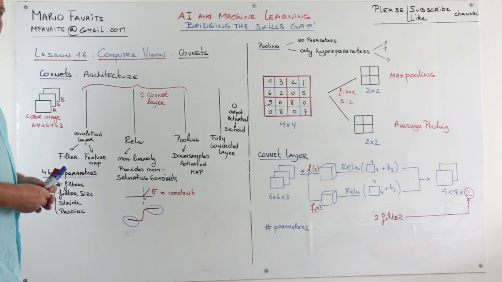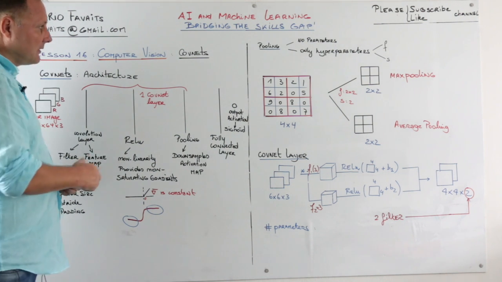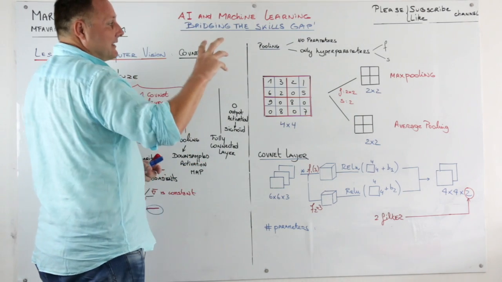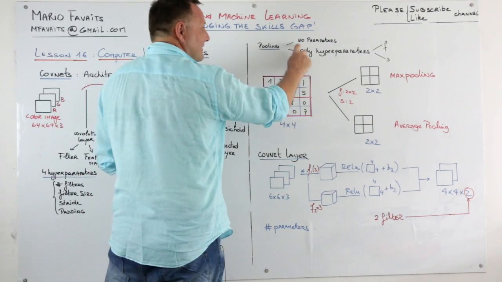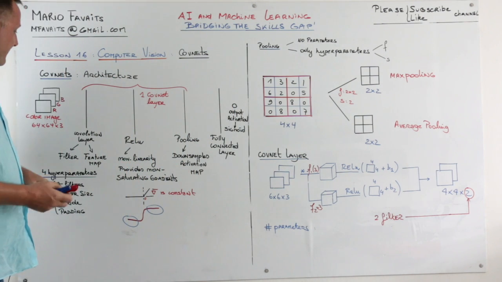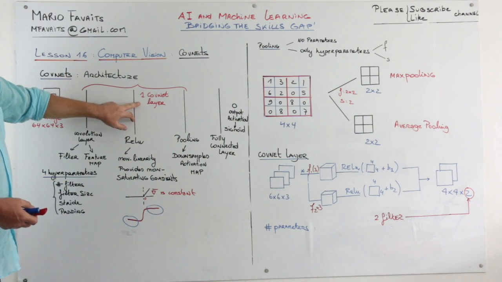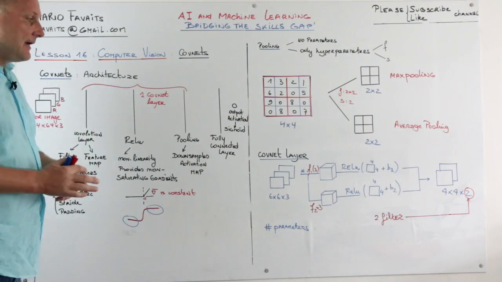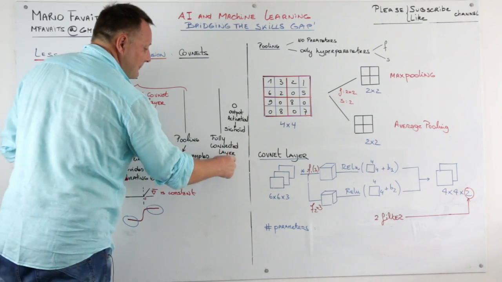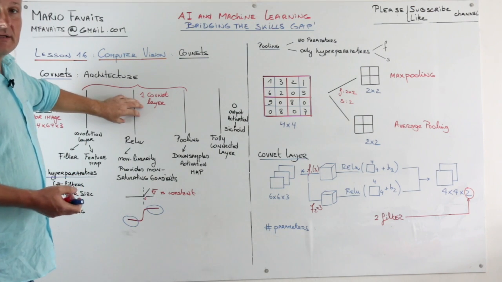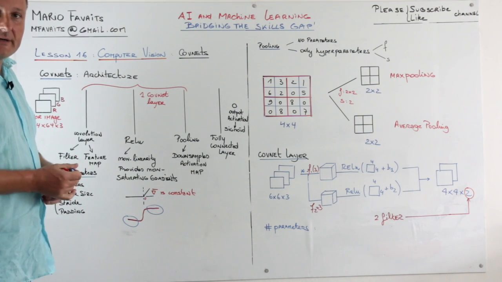Now let's take a look at pooling. What is pooling? Well, we want to downsample. We want to make the map smaller. There's no parameters in pooling. All the parameters come from the convolutional layer, the Covnet layer, and the fully connected layer. And we will see that the number of parameters coming from the fully connected layer is way higher than the ones coming from the Covnet layer.